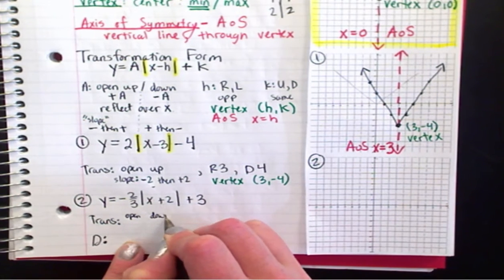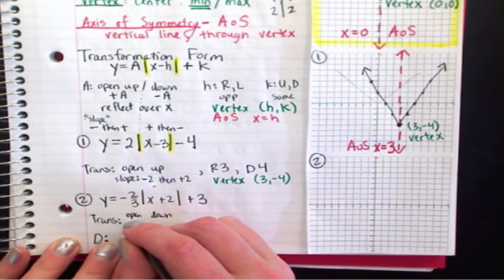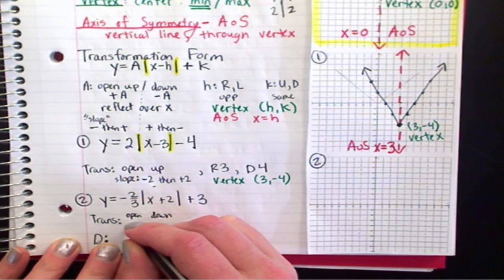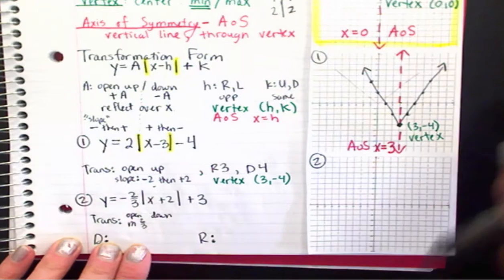Open down, down. Positive slope, then negative slope. So slope 2/3.